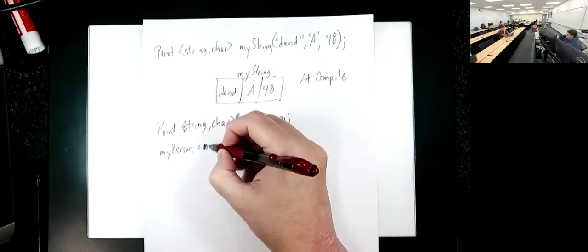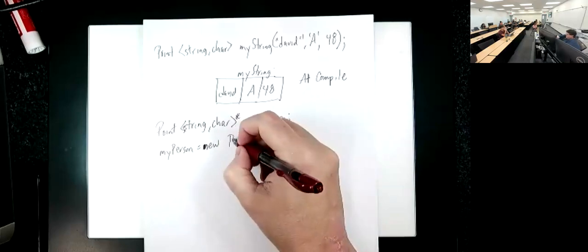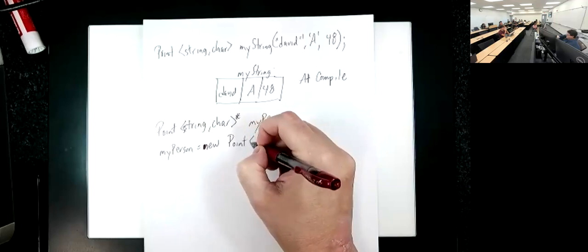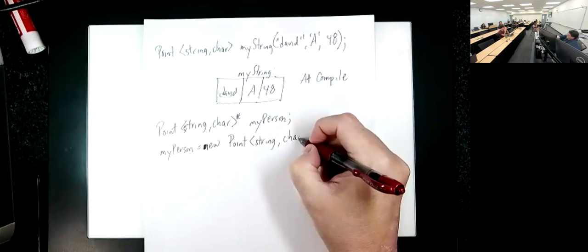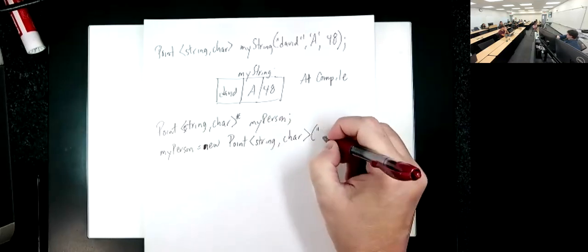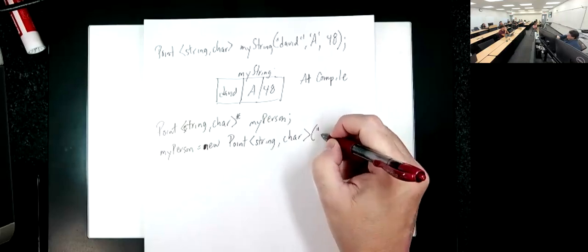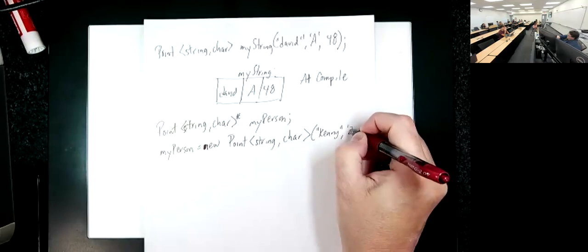New, this was a point class. We still got to go through all the rigmarole. New string char, and we did Kenny on this one. Kenny got the Z, because he's on Zoom.